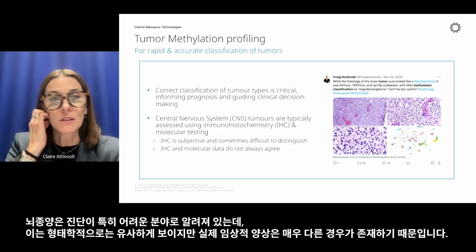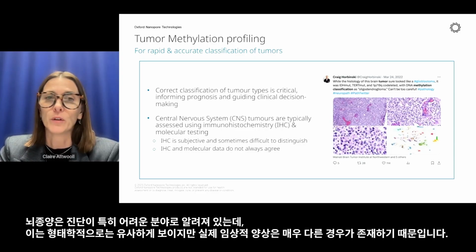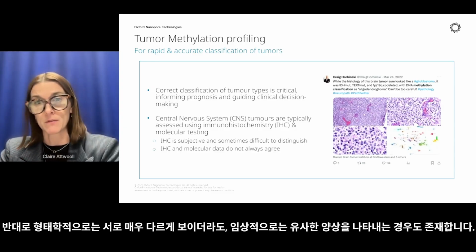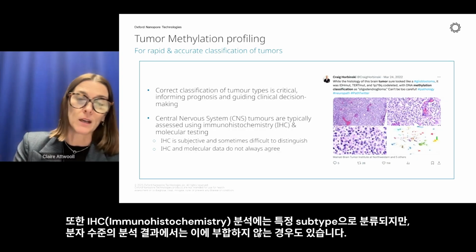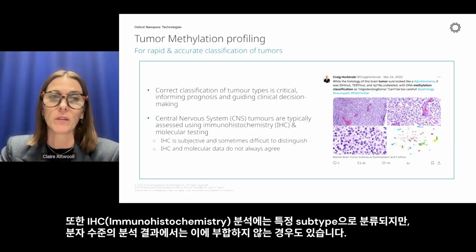Brain tumors are particularly difficult to diagnose because sometimes they look morphologically the same and then behave very differently, and sometimes they look very different but they behave the same, and sometimes your IHC tells you this is one subtype but then the molecular data doesn't agree with that.